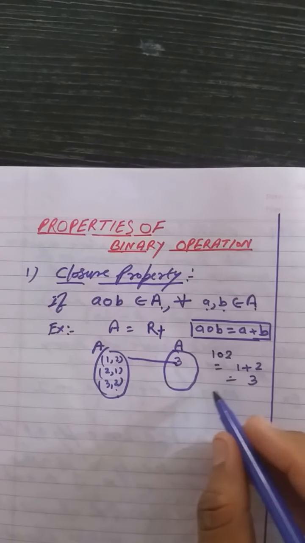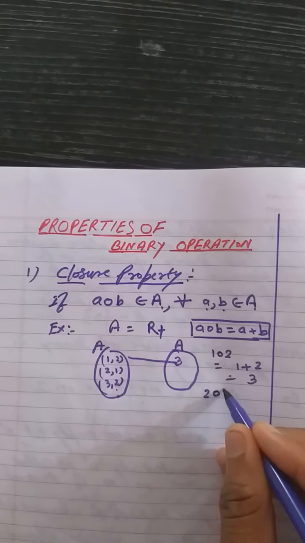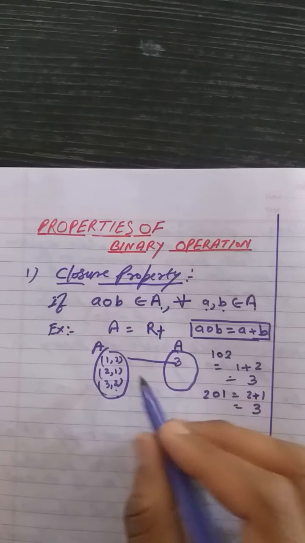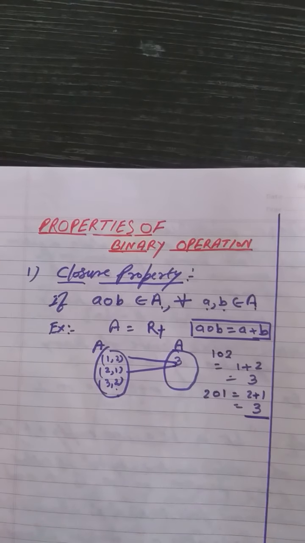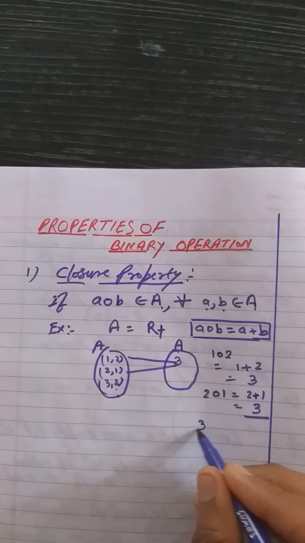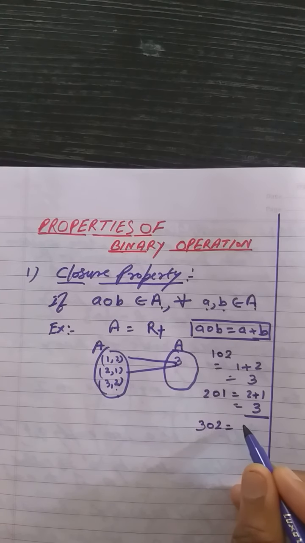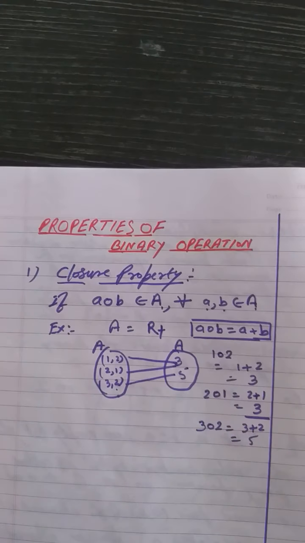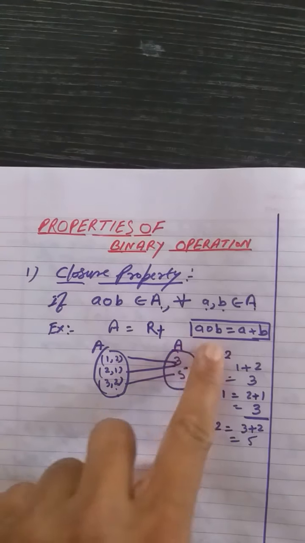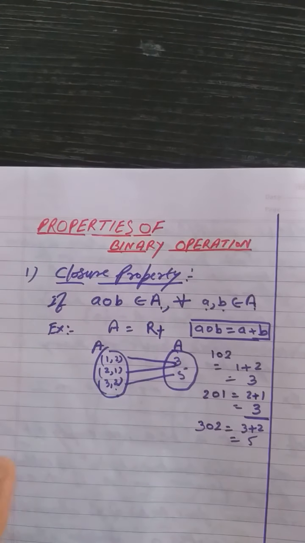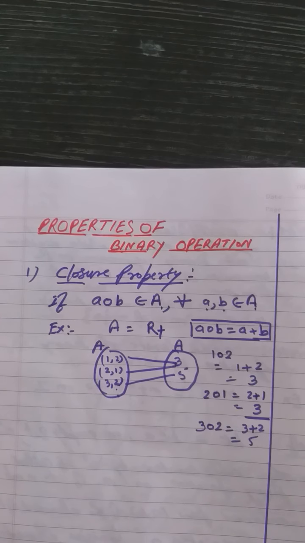And 2 O 1 equals 2 plus 1 equals 3, which is also a real number. 3 O 2 equals 3 plus 2 equals 5, and 5 also belongs to the real numbers. So after the binary operation, the result also belongs to set A, that is R positive, hence it satisfies the closure property.